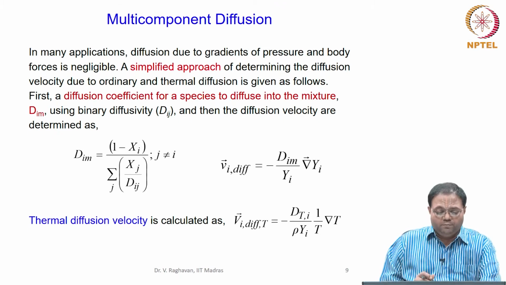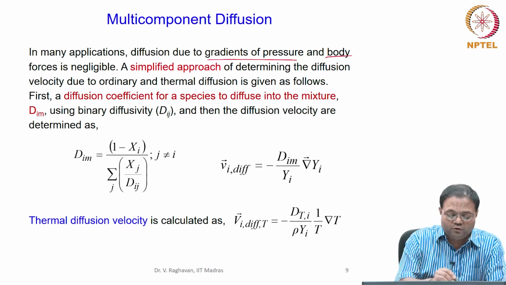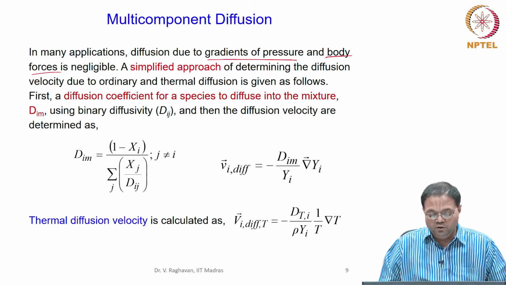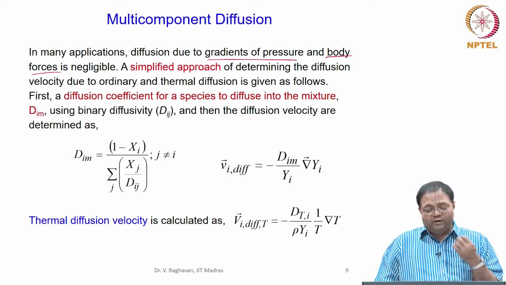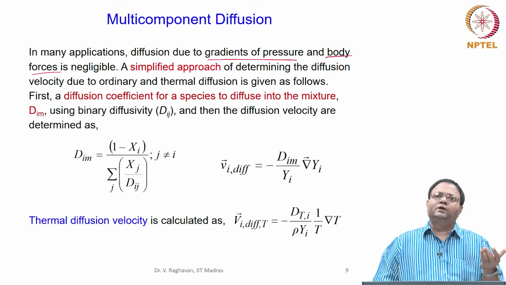As I told you, in many applications the gradients in pressure and body forces are negligible, so the second and third terms are negligible. Now it is very costly for us to solve this Stefan Maxwell equation for everything.